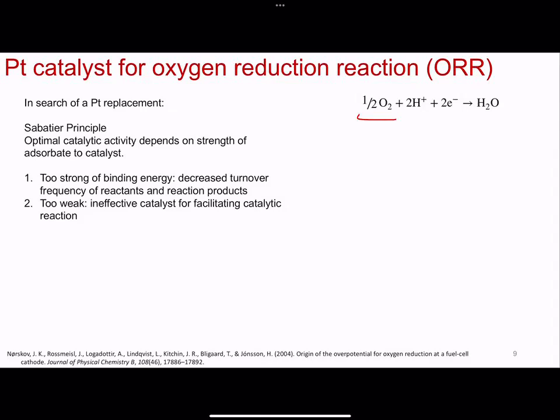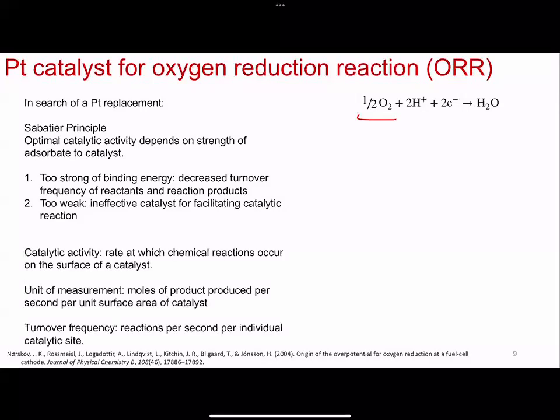This also applies to heterogeneous catalysis, where your adsorbate is in the gas phase and your catalyst is in the solid phase. So what do you do? Well, we talk a lot about catalytic rate and turnover frequency. These are pretty important terms for understanding the performance of a catalyst, right?